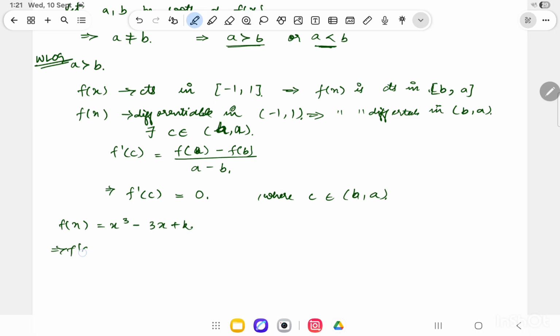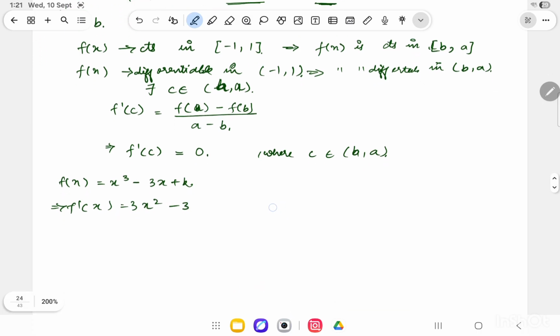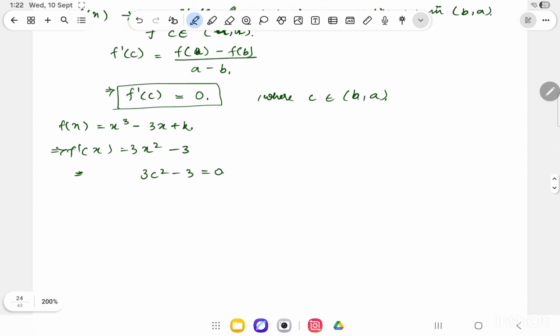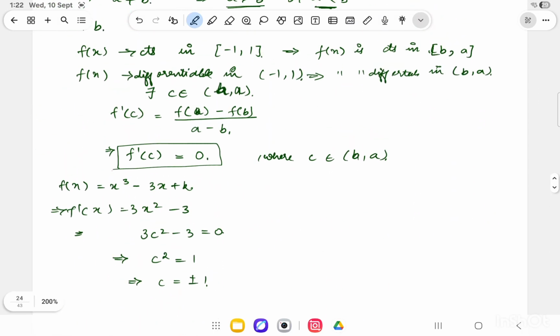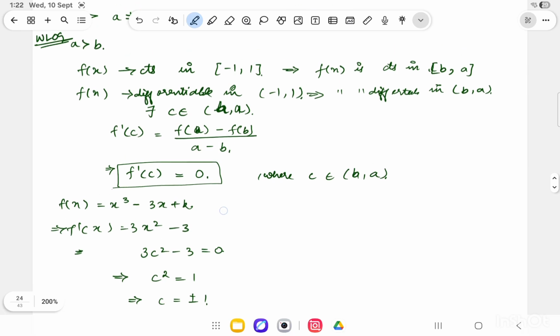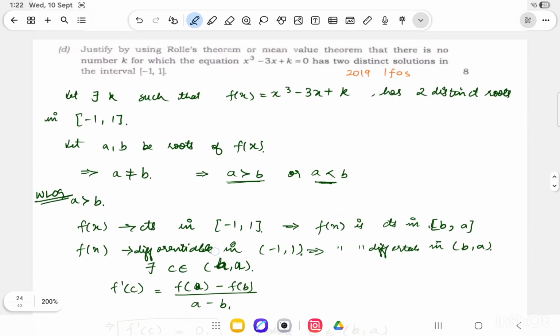If I take its derivative, I'll be getting 3x^2 - 3. By the mean value theorem, for some c in between b and a, my f'(c) must be equal to 0. So 3c^2 - 3 must be equal to 0. From here I got c^2 = 1, that is c must be equal to plus or minus 1. So I got c as plus or minus 1, for which the derivative of the function f(x) is equal to 0.